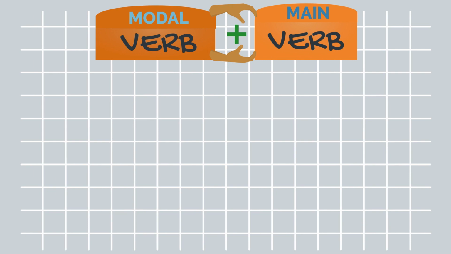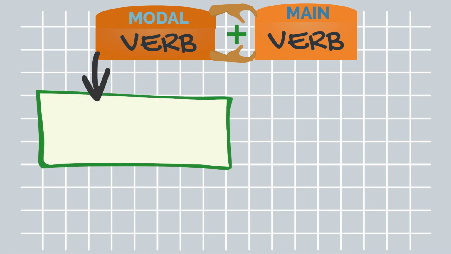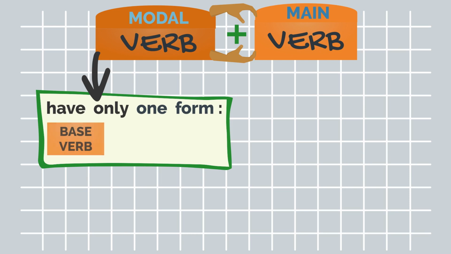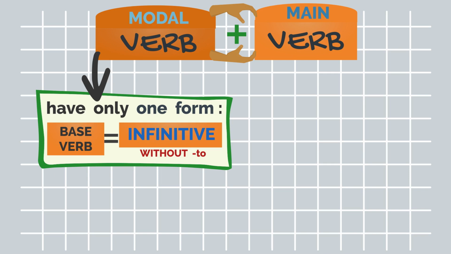Modal verbs, as all helping verbs, cannot be used singly. Modal verbs always work together with a main verb. Modal verbs have only one form. It is the base form of verbs, the infinitive without to.